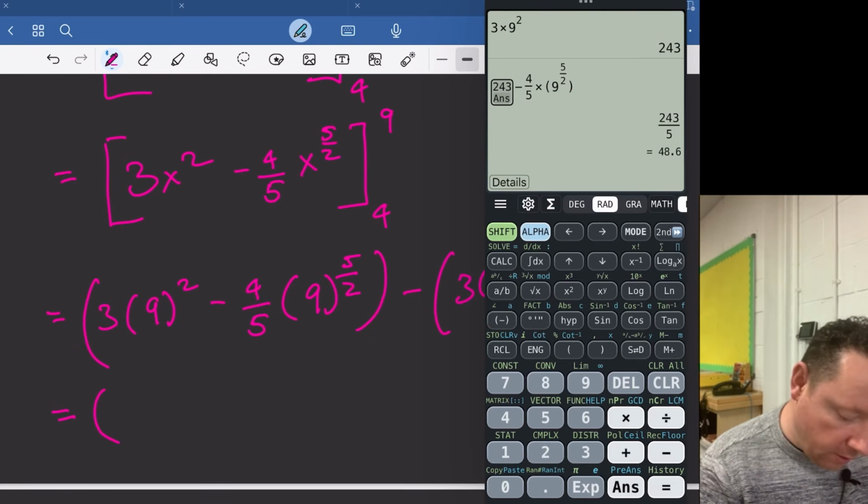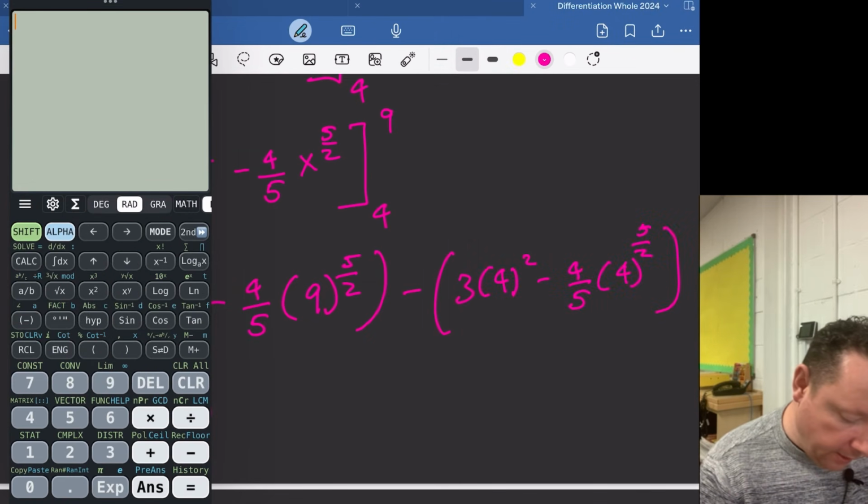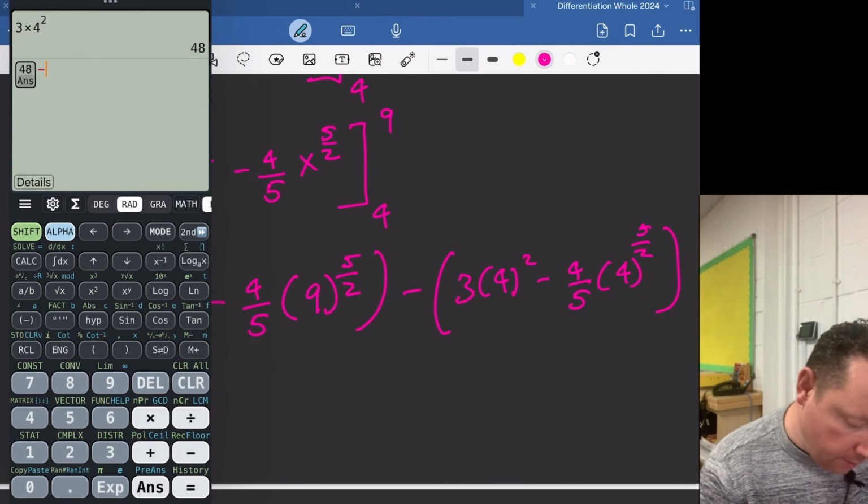And if you've got a nice calculator, it'll give you it as a fraction. So there's 243 over 5 for my first bit. And then my next bit, 3 times 4 squared minus 4/5 of 4 to the power of 5 halves.